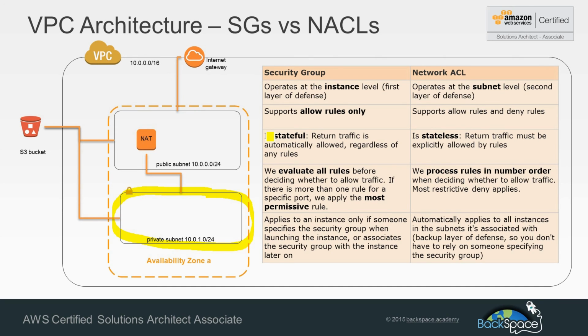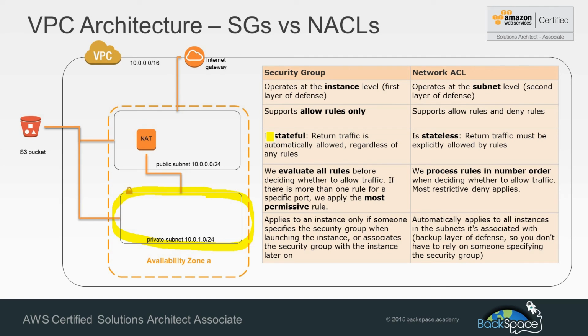In contrast, with a network ACL, we process rules in number order when deciding whether to allow that traffic or not, and the most restrictive deny applies. Not the most permissive, the most restrictive deny applies with a network ACL.